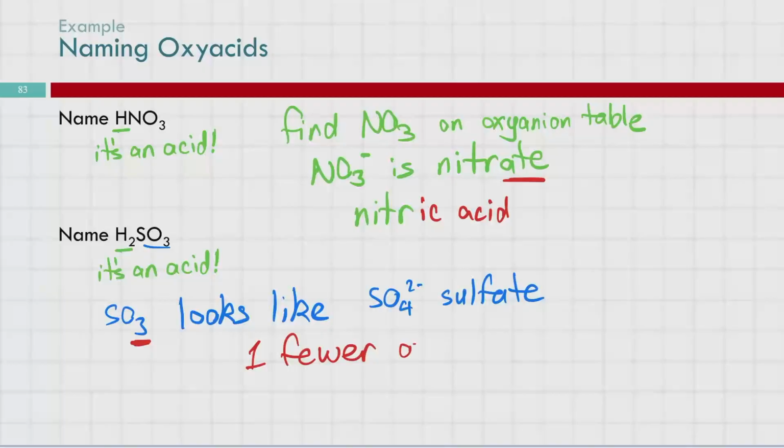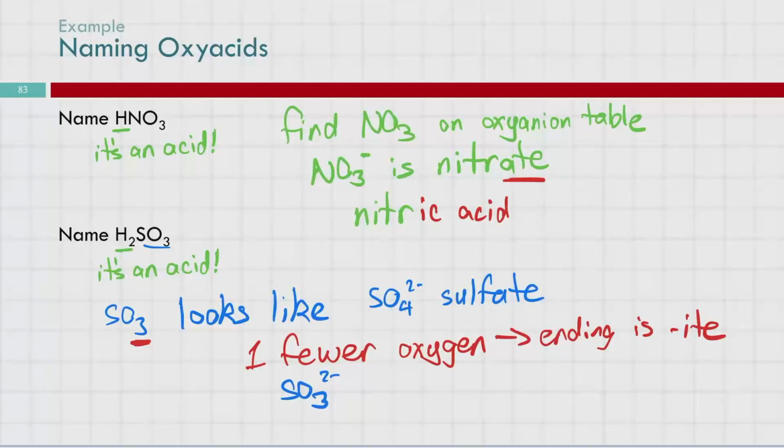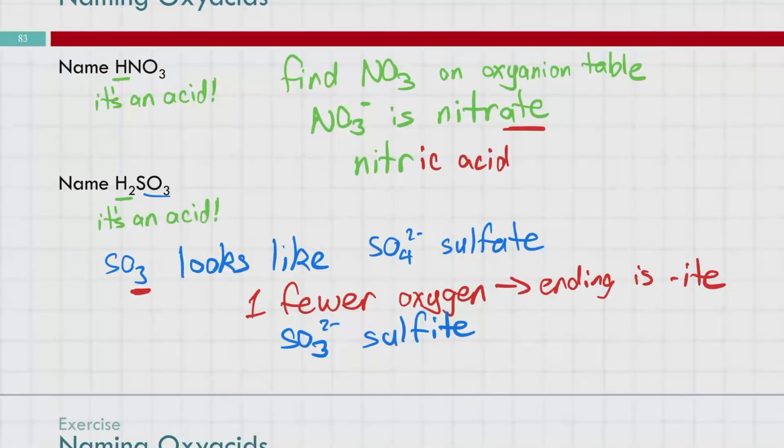One fewer oxygen, the ending is ite. So what we have, SO3, it would also have a 2 minus, is sulfite. And that ite ending, when we make it an acid, turns into what? Us.